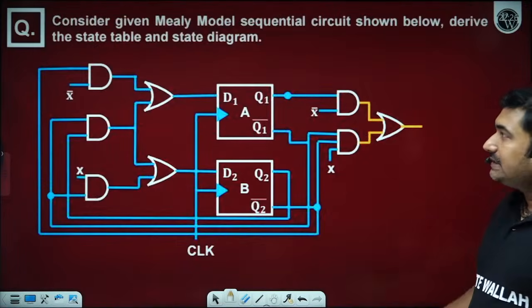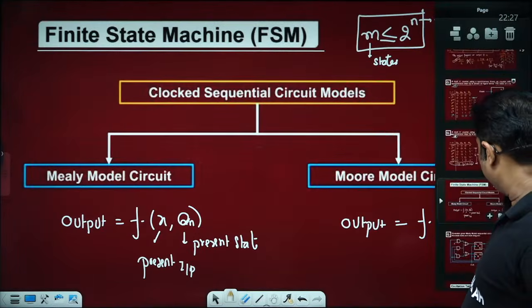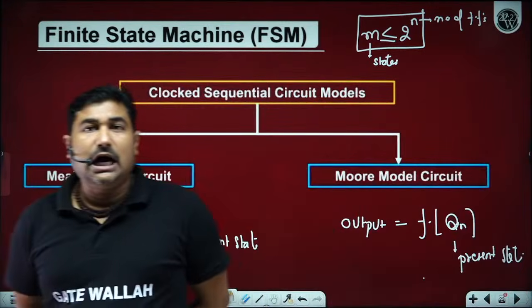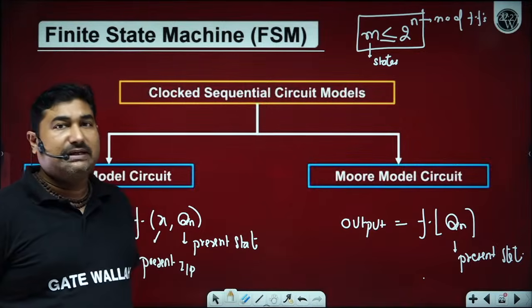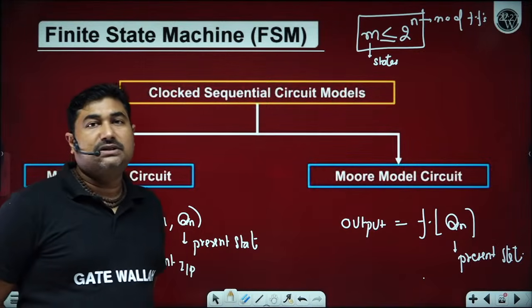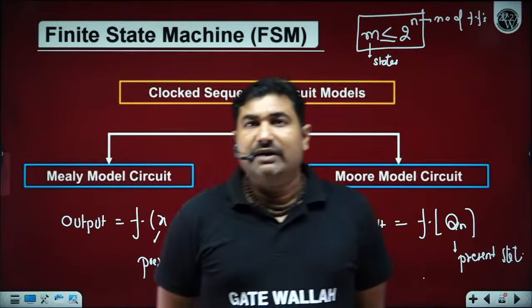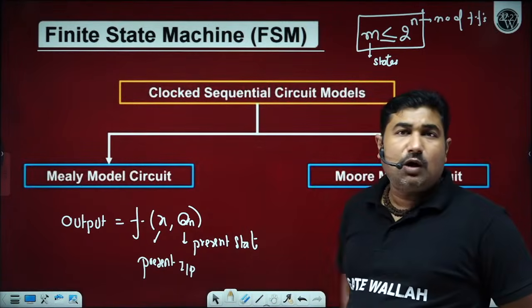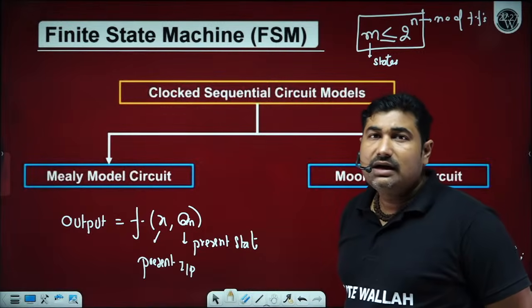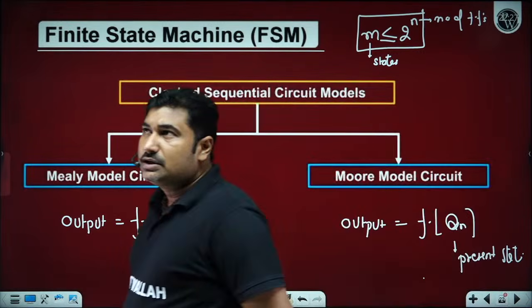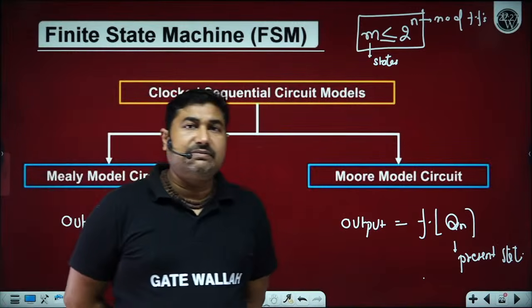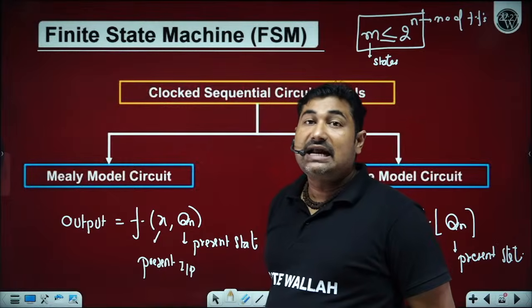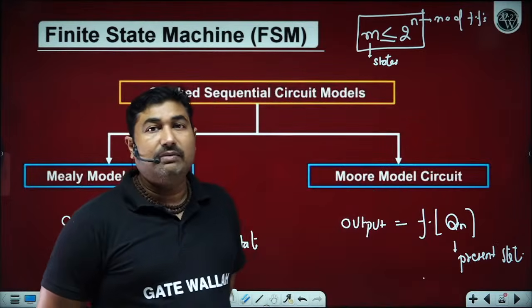Let's see the basic difference. In the Mealy model, output is the function of present input and present state. In the Moore model, output is the function of present state only. Whenever we want to design a circuit, we can choose either the Mealy model or the Moore model for a finite state machine. If you design a finite state machine using the Mealy model, the number of states is less compared to the Moore model.